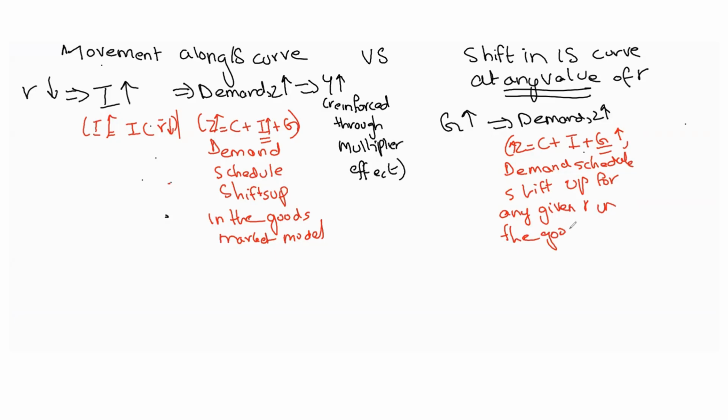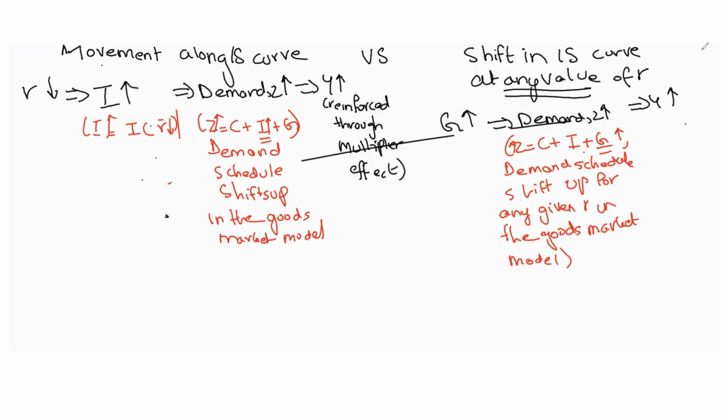So there's a difference. In both cases, it's shifting upwards. In the first case, it's because of the interest rate. In the second case, it's because of a factor other than the interest rate. And when this happens, again, the end result is the same: Y increases for any given R. That's the whole idea here.